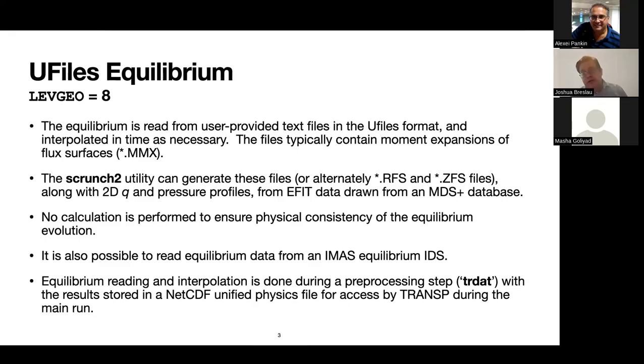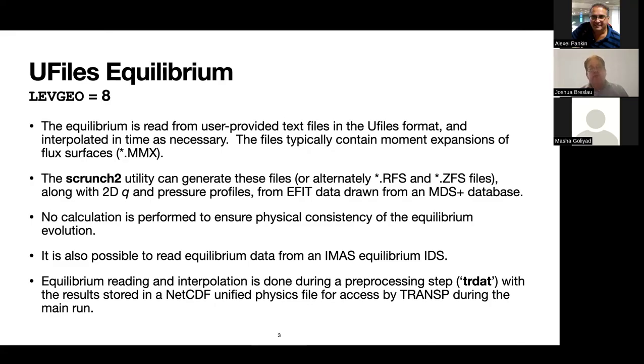Either of those is generated by the Scrunch2 utility, which is part of the TRANSP library, and that's produced along with the Q profile and pressure profile from EFIT data from an MDSplus database. When TRANSP is using this U files method, it does not perform any calculations to ensure physical consistency of the equilibrium evolution. It's just relying on the data that's provided to it.